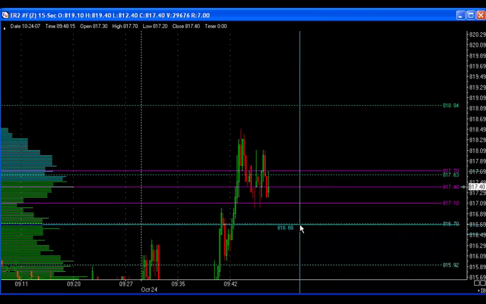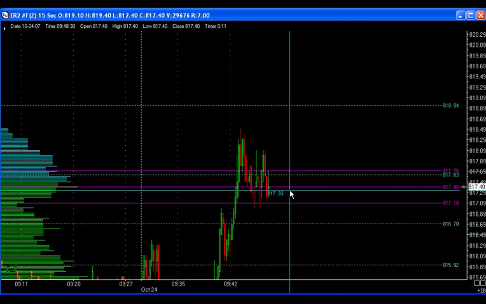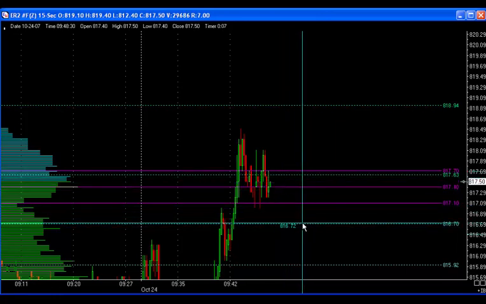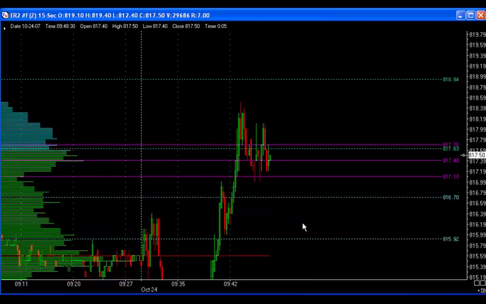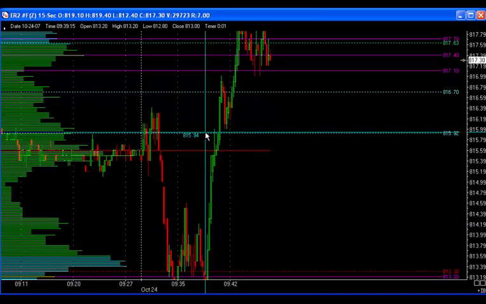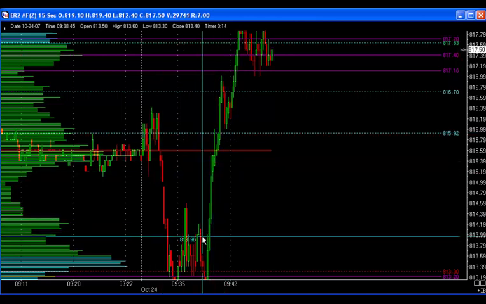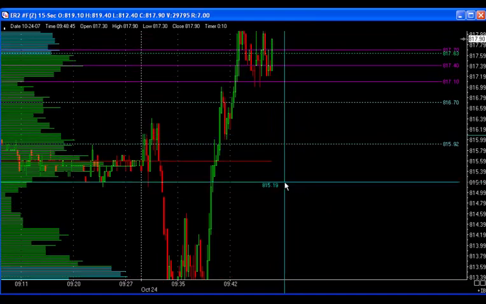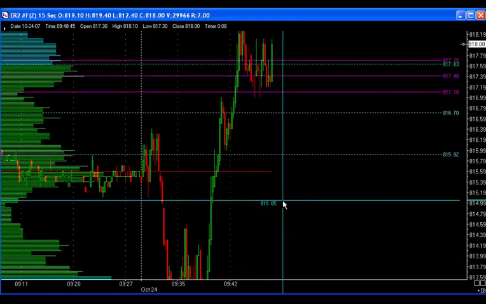Similarly here at 816.70, going long again isn't that high probability of a trade, again because of all the congestion that's above it. However, the short trade below 815.92 would have been a good bet. There's virtually nothing below there.